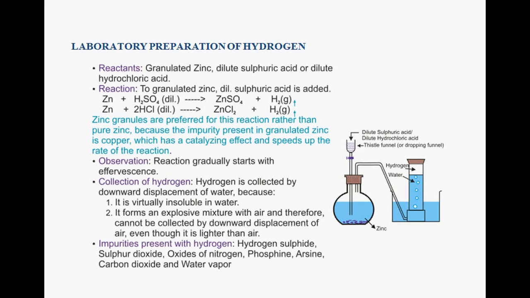Oxides of sulfur, nitrogen, carbon dioxide are removed by treating it with potassium hydroxide. Phosphine and arsine are removed by treating it with silver nitrate solution. And water vapor or moisture is removed by passing the gas through anhydrous calcium chloride, which acts as a dehydrating agent. So we get pure dry hydrogen.